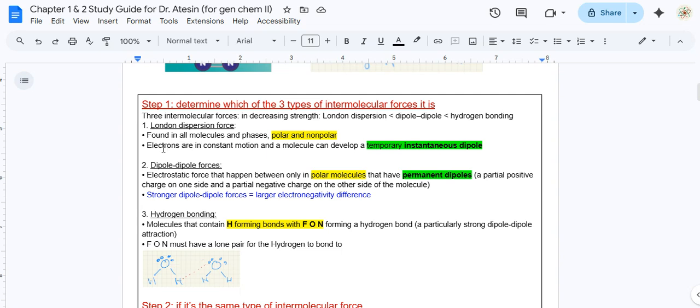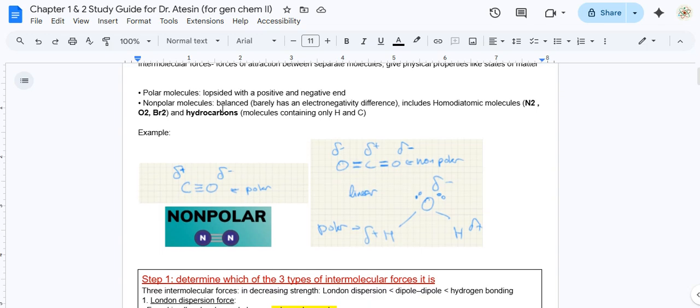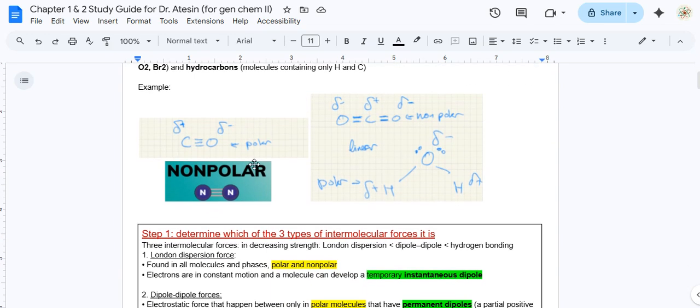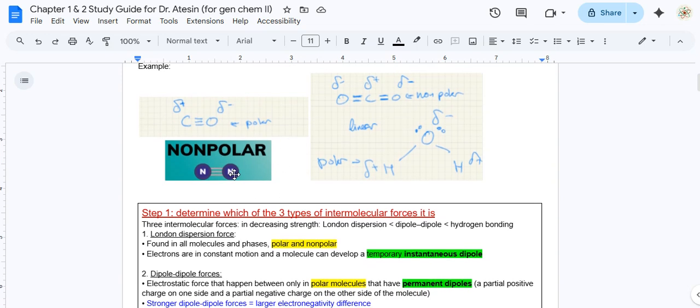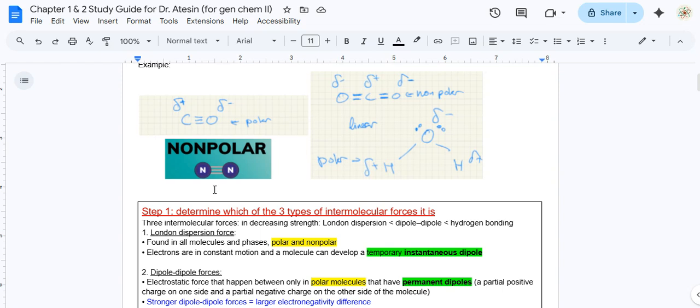And there's a little tiny electronegativity difference even for nonpolar molecules, because there's electrons around these elements, right? And as these electrons are constantly moving, sometimes there's more electrons on one side and less on the other side.